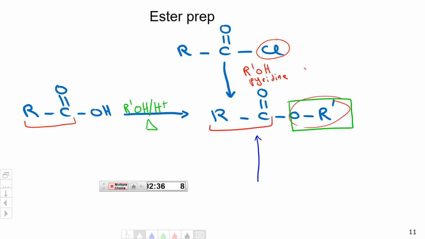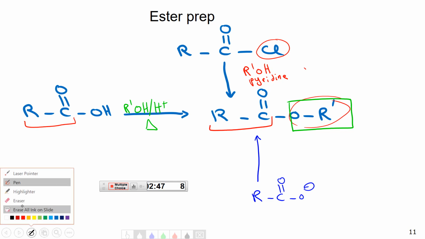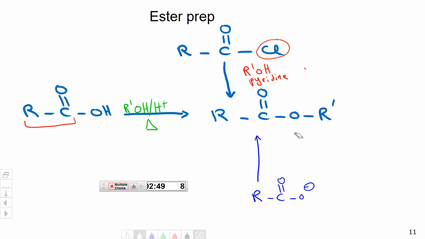The third method is looking at the ester and saying, okay, it's coming from the carboxylate. So in other words, let me remove the tags. This is the part that is coming from the conjugate base of the acid, and this is the alkyl halide.